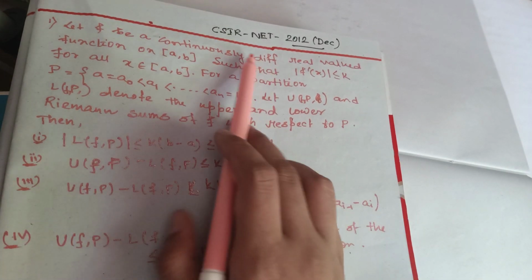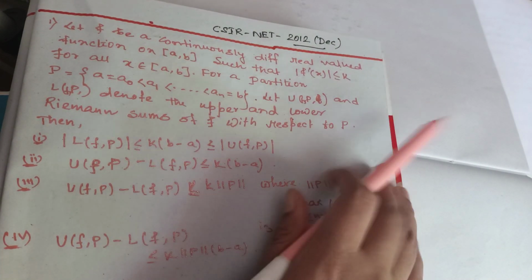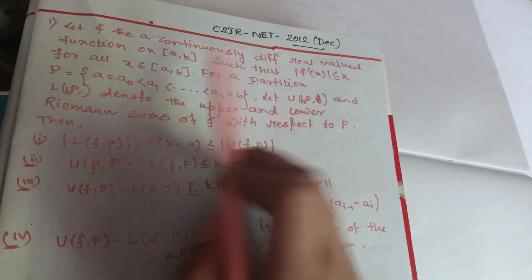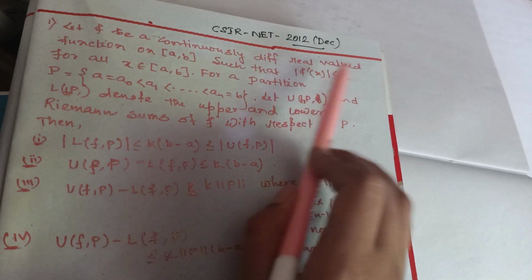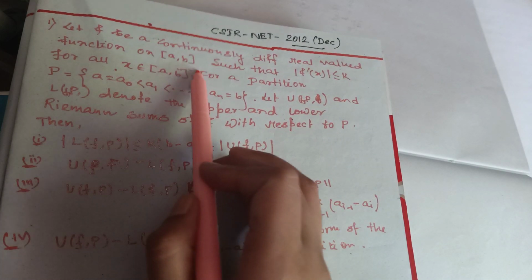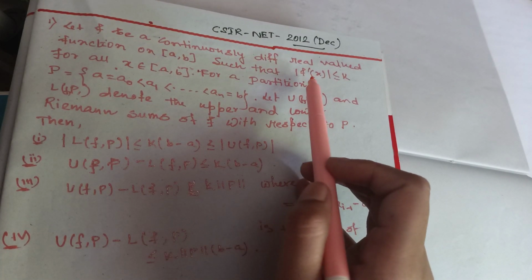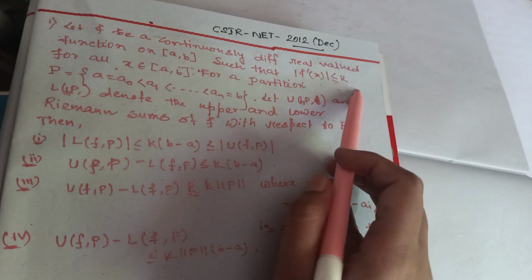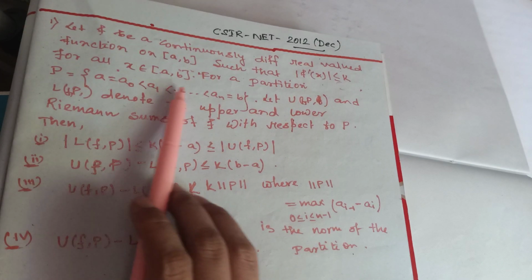The next question is based on CSIR NET 2012 December. The question says: let f be a continuously differentiable real valued function on the closed interval [a, b] such that the derivative is bounded, that means |f'(x)| is less than or equal to K for all x belongs to [a, b].